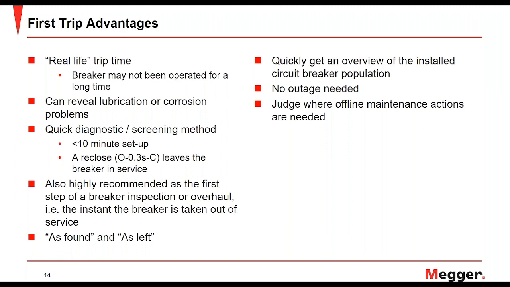If you have any lubrication or corrosion problem, you are in an open area or have an outdoor circuit breaker, you have any leakages or any dust coming into your mechanical compartment, it will be revealed using the first trip test. It is very simple and easy to do.